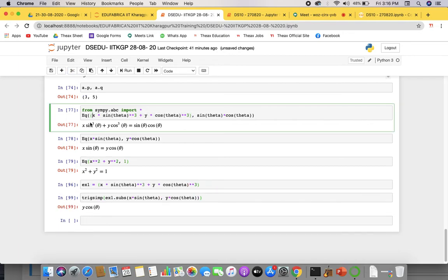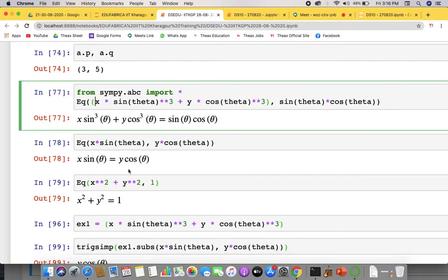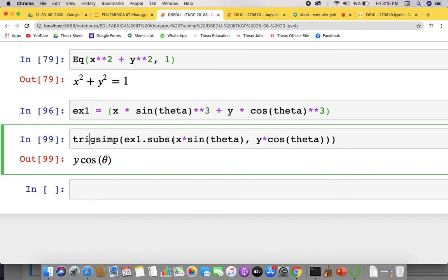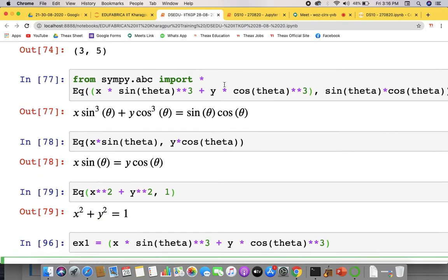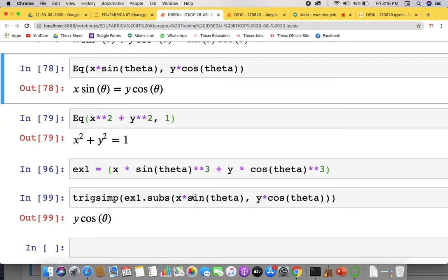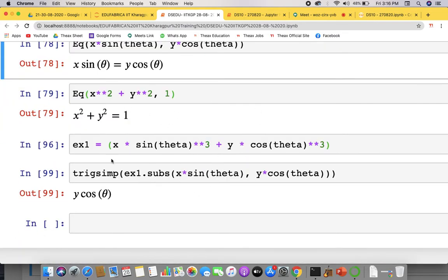So these are the three equations, and what we did is we just replaced. I didn't see this one earlier, that we already have x sine theta equals y cos theta. So you can directly substitute the value and get the whole expression as y cos theta.